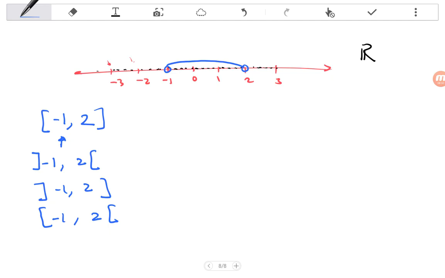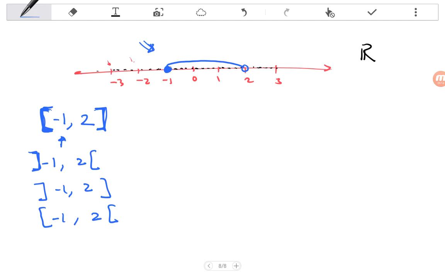What is the difference between these 4 expressions? This is called a closed part of the interval, and this is open. Closed means that -1 is included in the interval, and we express that in the diagram by shading -1 like this.